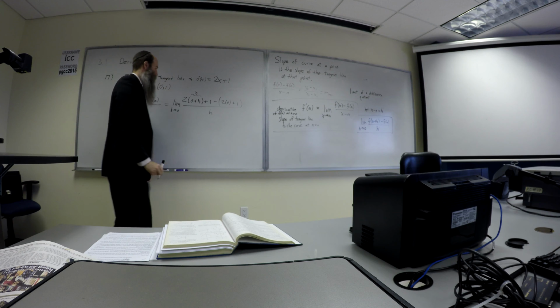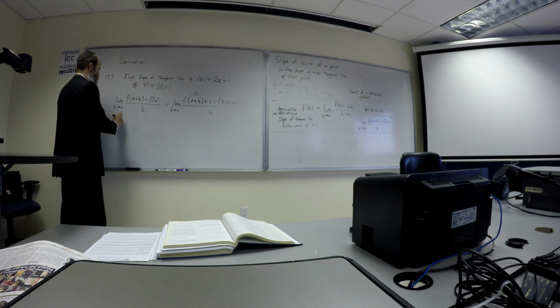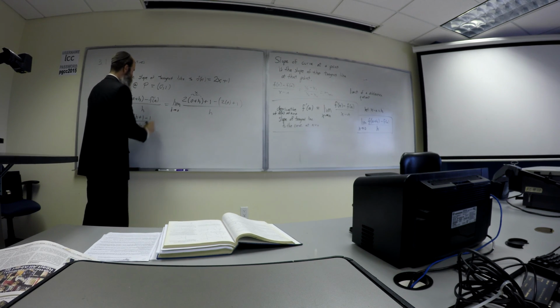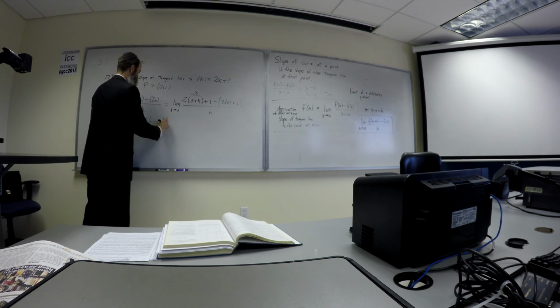2h plus 1. Limit as h approaches 0, we expect to find a factor of h above. 2h plus 1 minus 1 over h. 1 minus 1 is 0. We have 2h over h.